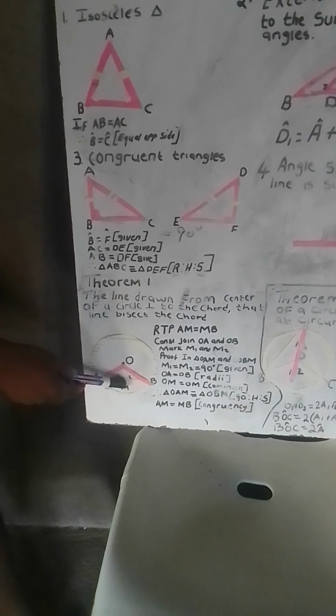And the word bisect means cut something into two equal halves. So we are proving that OM bisects AB. This is our required to prove. RTP means required to prove. So on our required to prove, we are proving that AM is equal to MB. So when we prove, we must first construct. This is my construction.